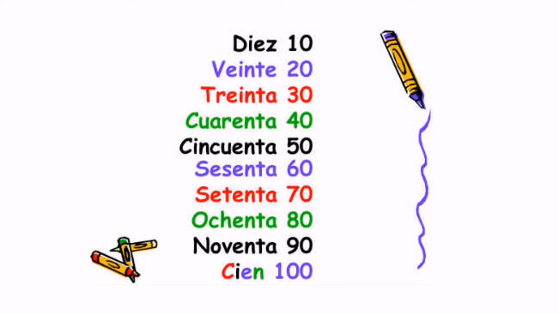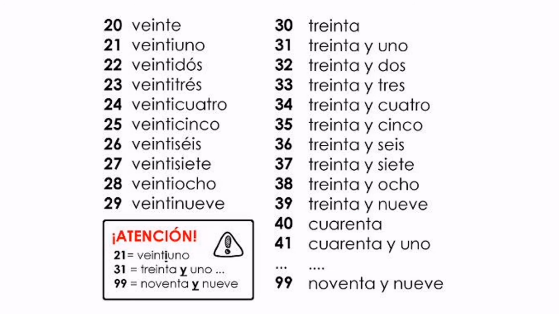So we said that 10 is diez, 20 is veinte, 30 is treinta, 40 is cuarenta, 50 is cincuenta, 60 is sesenta, 70 is setenta, 80 is ochenta, 90 is noventa, and 100 is cien. So these are the numbers from 10 to 100.